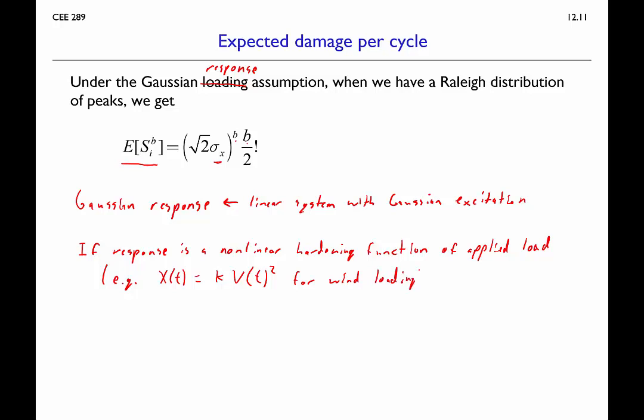And because of that, the peak forces could get exaggerated, and what we'll end up with is a heavier tail on S_i. It's more likely to get very large amplitude S_i relative to the Gaussian response assumption. So then what we could say is that the expected value of S_i to the B is going to be bigger than the Rayleigh result.